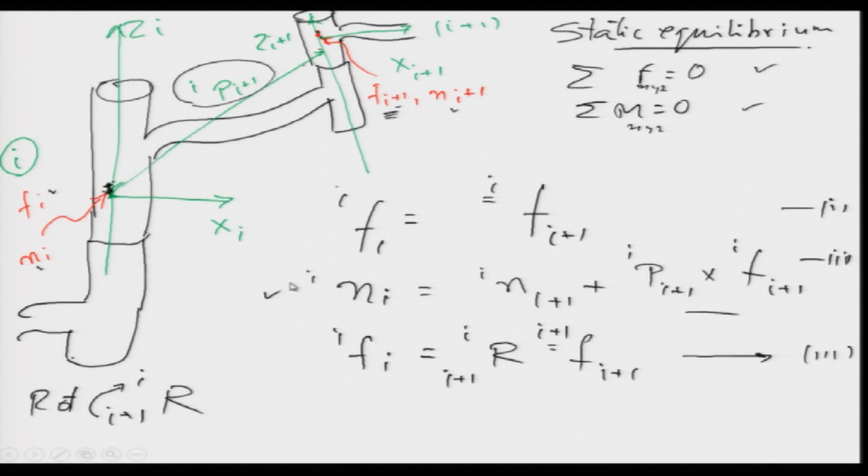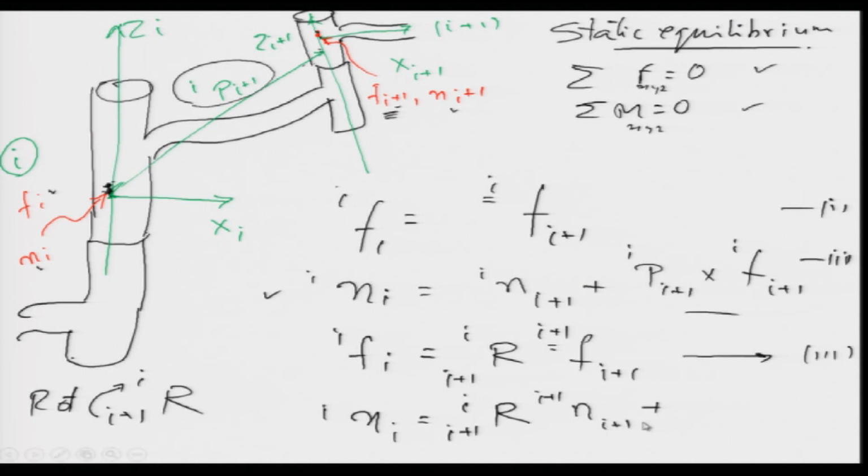If I do the same with this equation, then what we get is N i plus N i is equal to rotation matrix R i into i plus 1 into i plus 1 into i plus 1 plus.